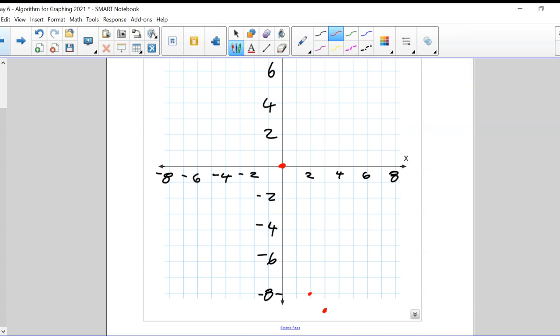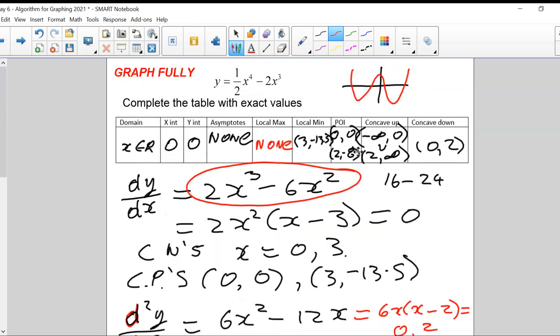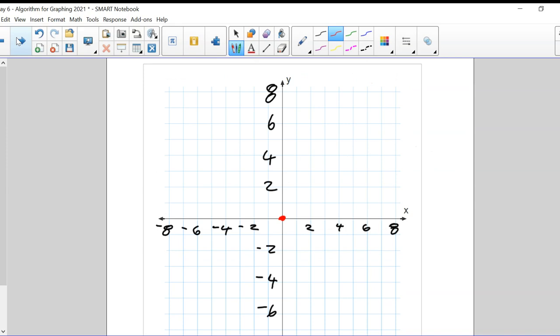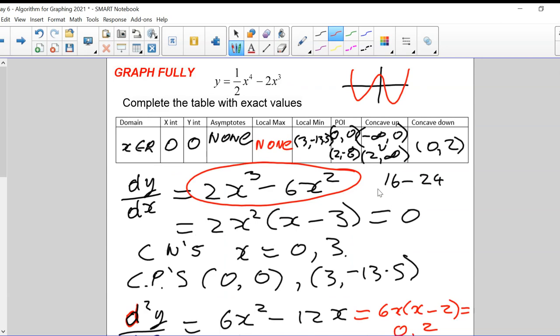And we want the first section between 0 and 2, right? According to what this says, from 0 to 2 is concave down. Then the rest is going to be concave up. By the way, the part from minus infinity to minus 2 is concave up.